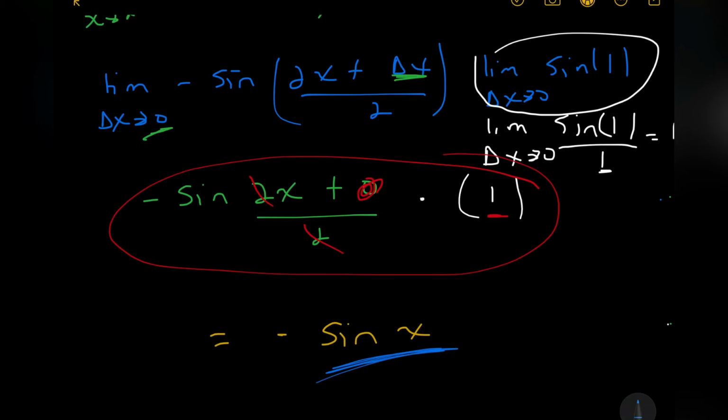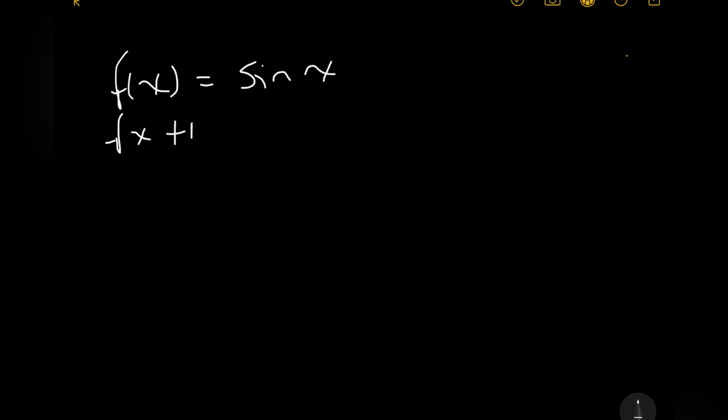Now let's look at sine x. As before, we identify our function. Our function is equal to sine x. Our next step is to add a small change to x. So f of x plus that small change is equal to sine of x plus that small change.